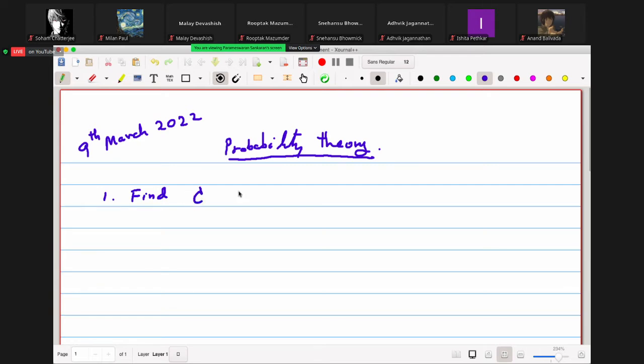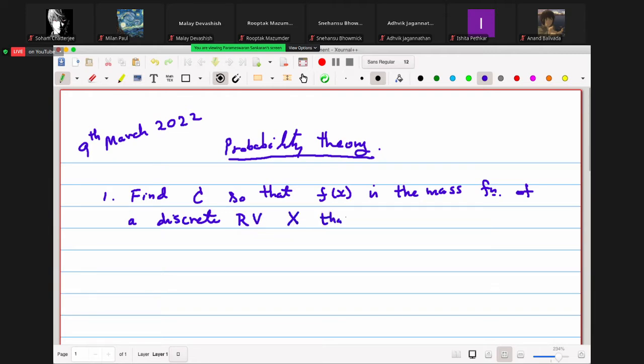Find C so that f of x is the mass function of a random variable, of a discrete random variable, of course, random variable x that takes values in positive integers.